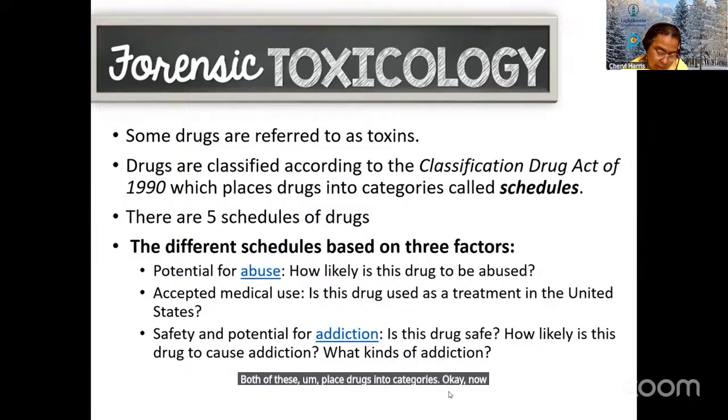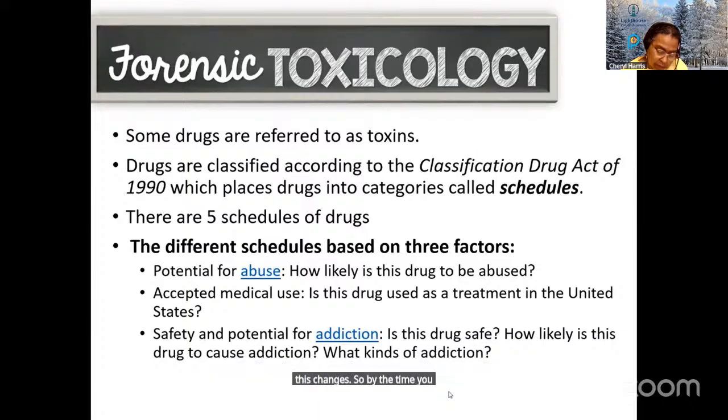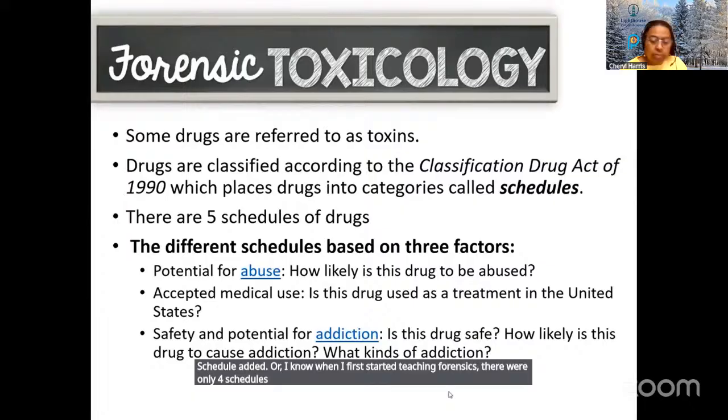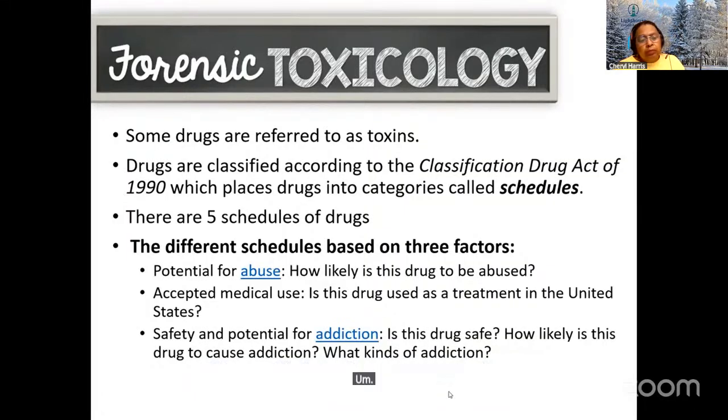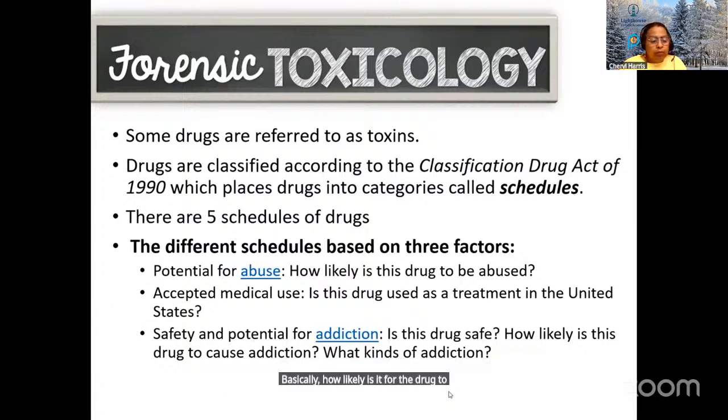Okay, now there are currently 5 schedules of drugs. This changes. So by the time you watch this video, there may have been a 6th schedule added. I know when I first started teaching forensics, there were only 4 schedules. Currently, at the recording of this video, there are 5 schedules of drugs, and the different schedules are based on 3 different factors. So potential for abuse, basically how likely is it for the drug to be abused?